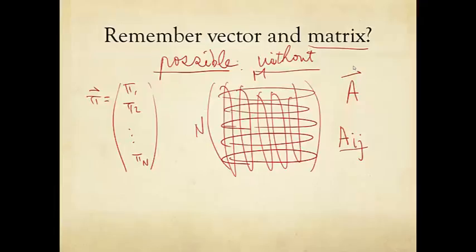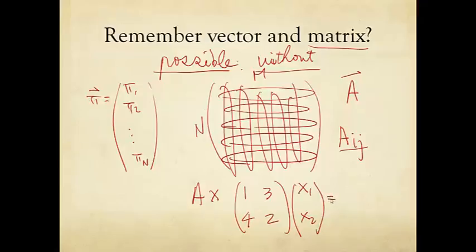A matrix multiplying a vector is a funny operation, you may say. Say matrix A multiplies a vector x, let's say matrix A is 2 by 2. Say it is 1, 3, 4, 2. And vector x is just x1, x2. What you get is the following. First of all, the matrix is 2 by 2. The vector is 2 by 1.